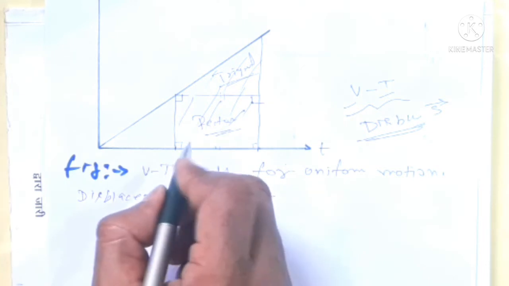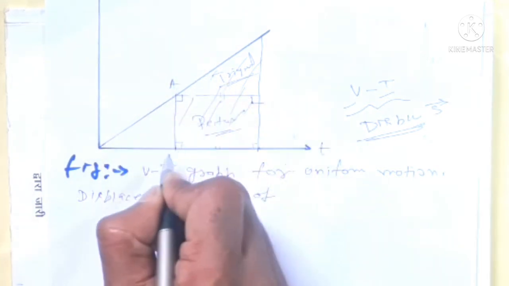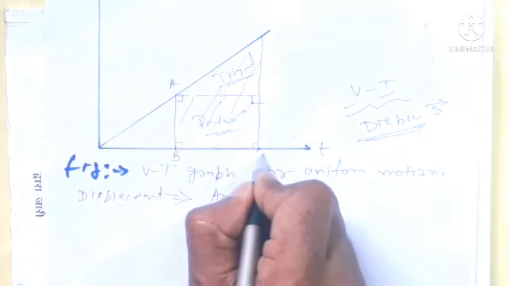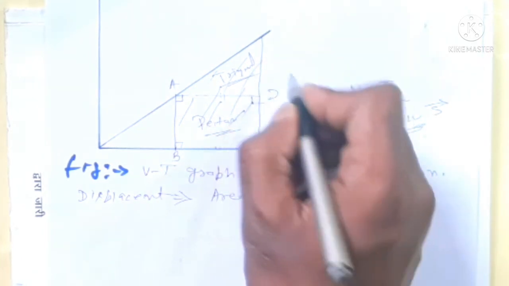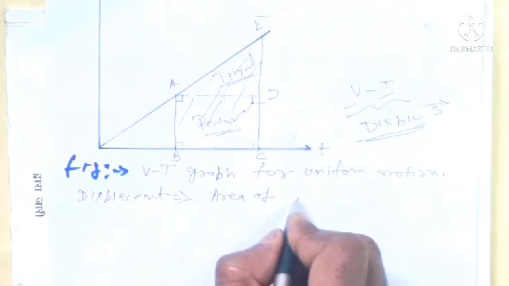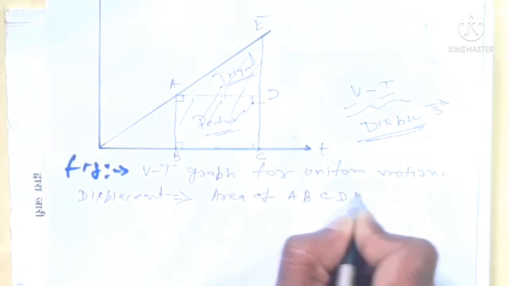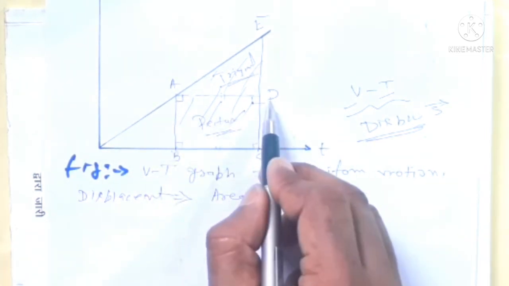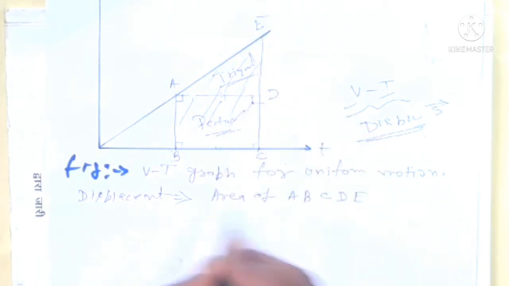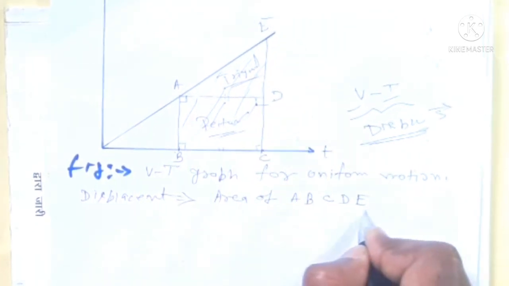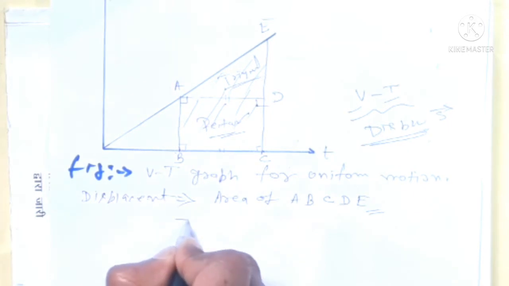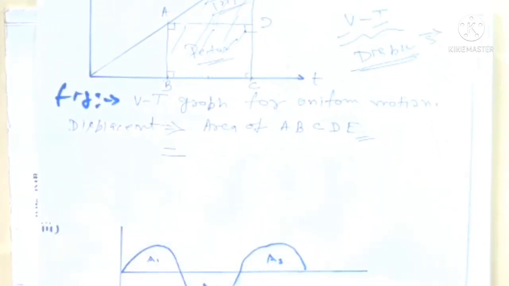Suppose this is our A, this is our B, this is our C, this is our D and this is our E. So area of A, B, C, D, E. So displacement, this area, can be written like this.